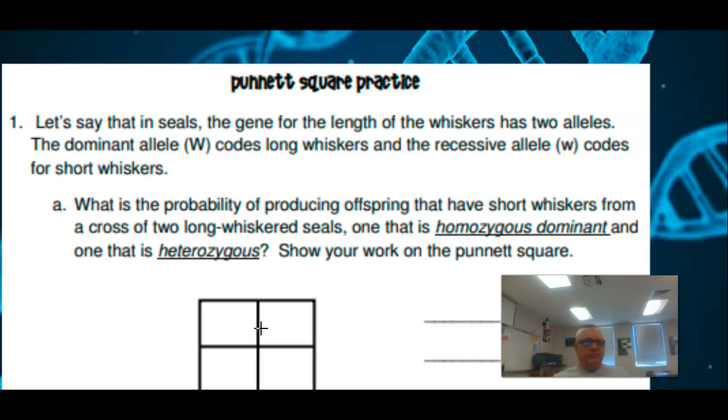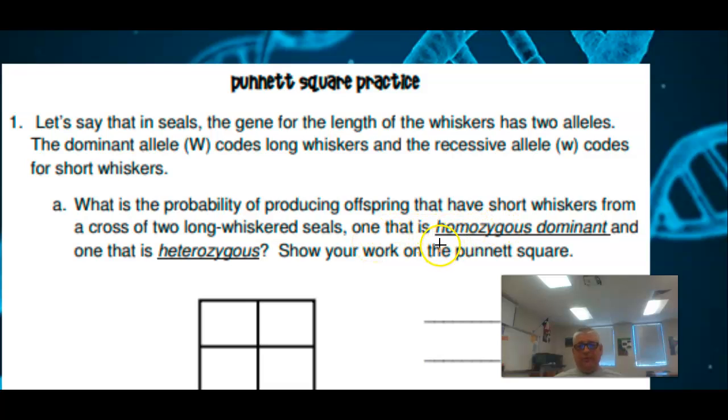Like the probability of flipping a coin, it's 50-50, right? If you had a four-sided object instead of a coin, there's a 25% chance for each of the sides. So it says, what's the probability of producing offspring that have short whiskers from a cross of two long whiskered seals?